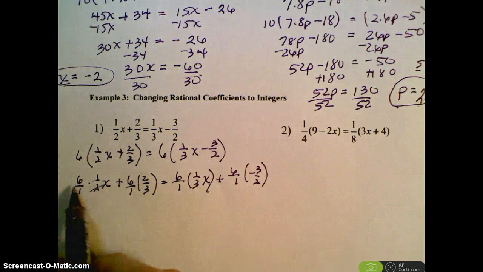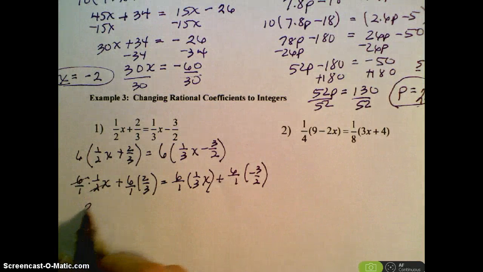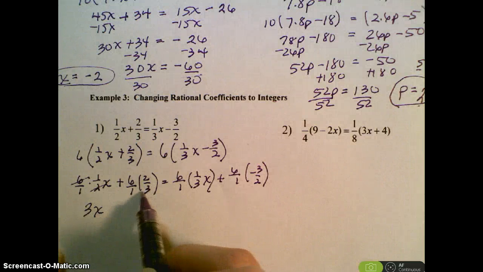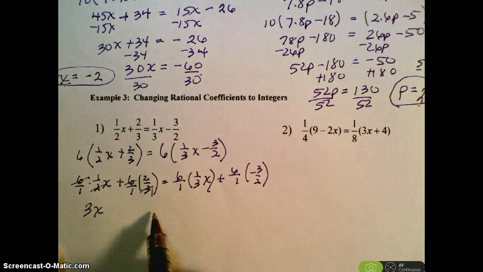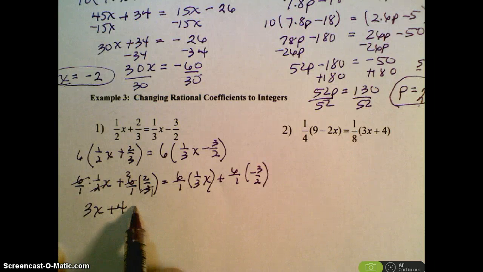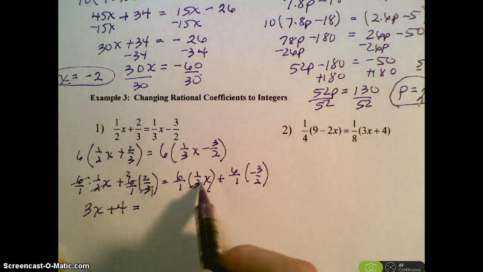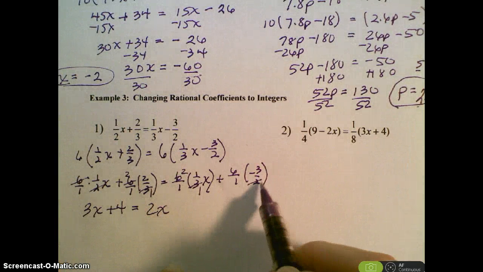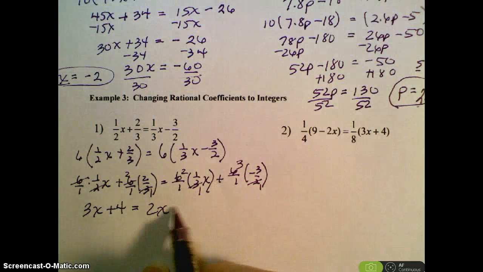Here I can cross simplify. So half of 6, that gives me 3x. Look at the fraction is nicely been simplified. Here I can cross simplify, divide those by 3, and that gives me positive 4. That equals, well, this simplifies out to 2x, and this one simplifies out to negative 9.